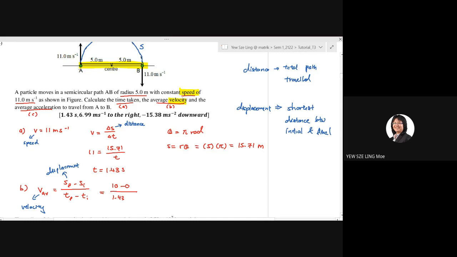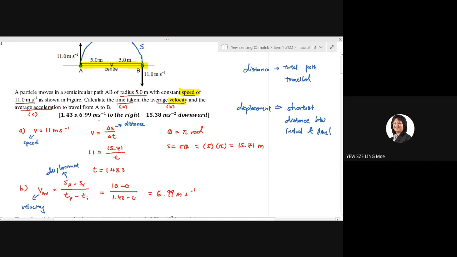As long as the initial and the final are the same, the time should be the same. So the value is 6.99 meters per second.